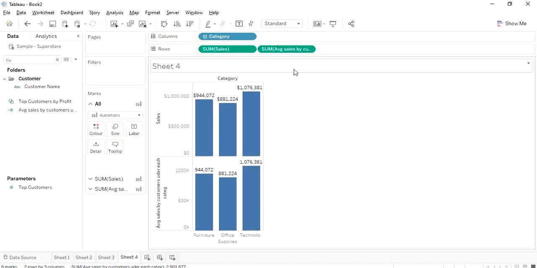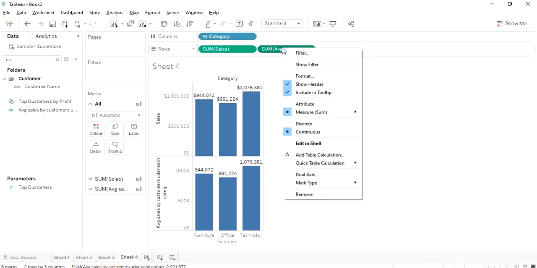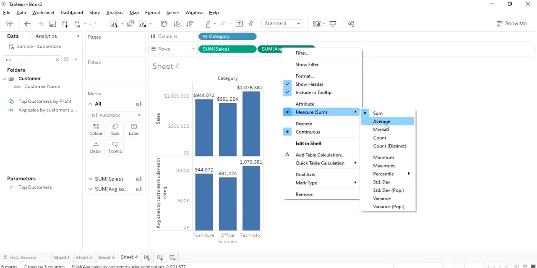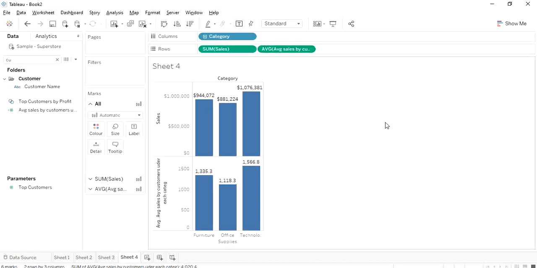And now what I'll do is, I'll not take this sum, I'll take the average. So I'm getting average sales by each individual customer in the category. In these three categories, for one category my average sales is 1566, my office supplies average sales is 1118, and my furniture average sales is 1335.